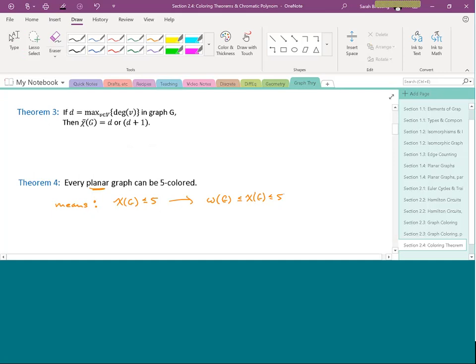Now, something to note about your planar graphs, so this is a recall about planar graphs. If you had a copy of K5 or K3,3 as a subgraph, remember it's not planar. So this is a subgraph of the graph G. Remember that means G is not planar. Okay.